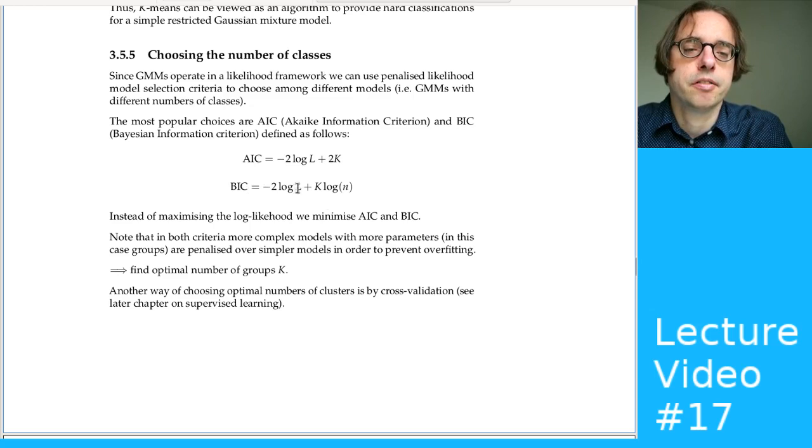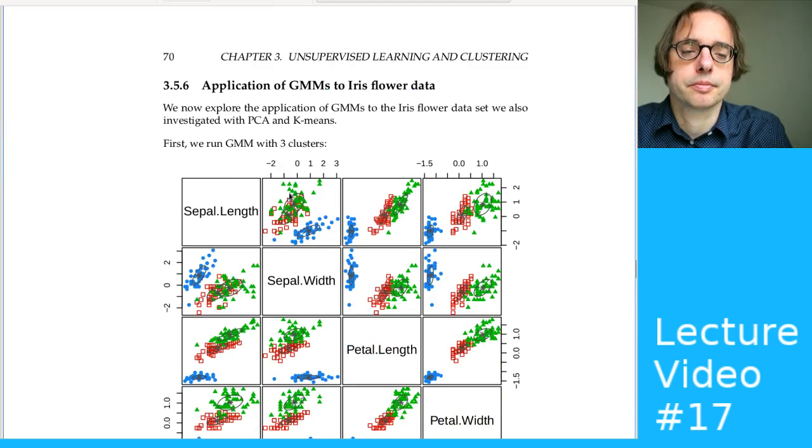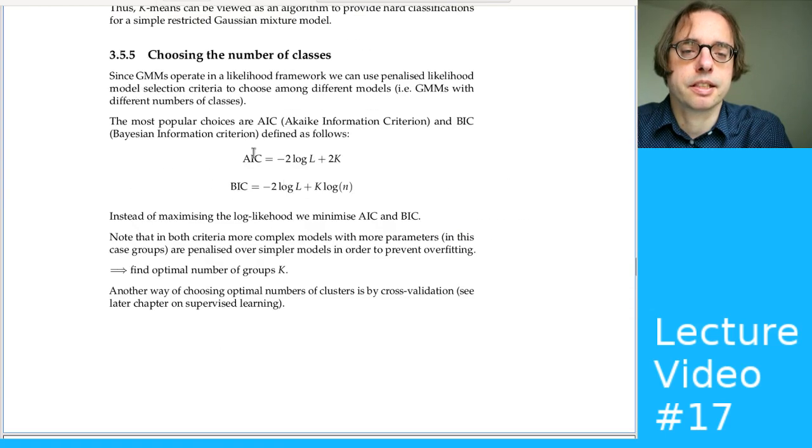What we do is compute the log likelihood, and then we penalize the model for the number of parameters. So the more groups we have, the more we penalize the model. There's a program that we're using, mclust in R, and in mclust the BIC is defined in a different way, basically with a minus sign. So sometimes we have to minimize the IC, but in some programs we have to maximize BIC, but that's clear from the context.